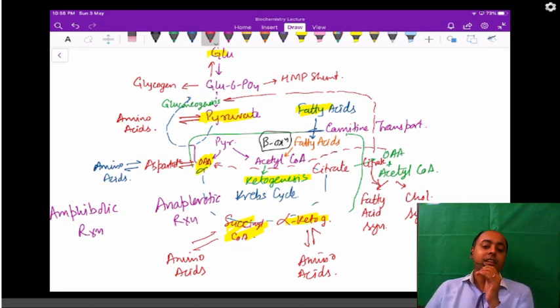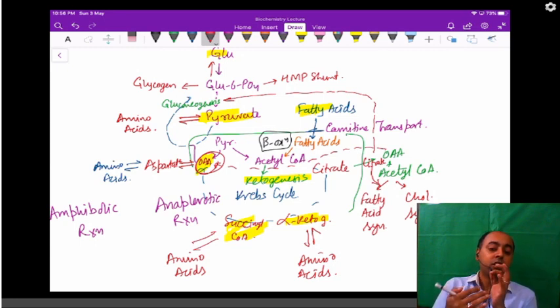Lastly, fatty acid and ketone body metabolism can only occur when there is at least some amount of glucose, because if the glucose is not there, from where are you going to get the oxaloacetate? Oxaloacetate comes from pyruvate. So some amount of glucose should always be there to metabolize the fatty acids as well as the ketone bodies.